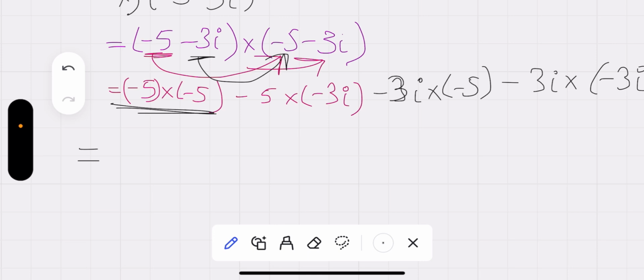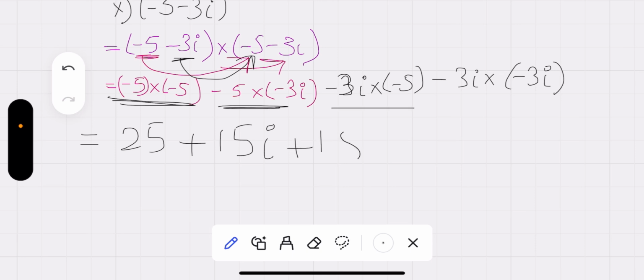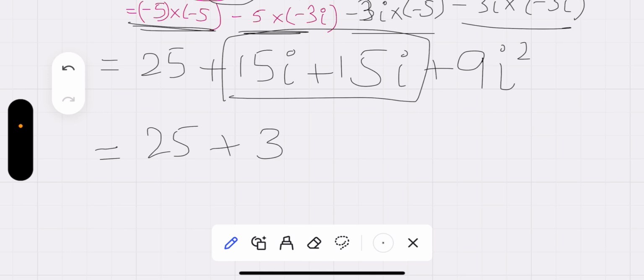Okay, negative 5 and negative 5 is positive 25, and this second term is positive 15, 5 3s are 15 iota. Also here positive 15 iota, and here positive 9 iota square. So we have 25, and these two are imaginary parts, so they can be added. So 15 iota plus 15 iota is 30 iota, plus 9 iota square.